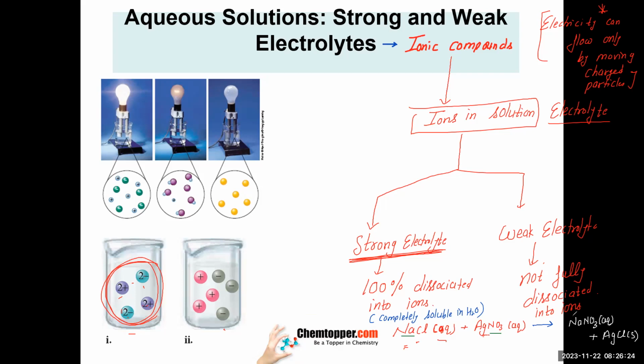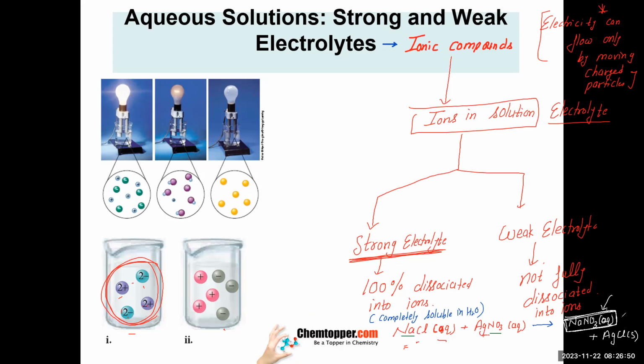Now, what is NaNO3 aqueous? Is it a strong electrolyte or a weak electrolyte? Strong, very good. This is a strong electrolyte because I have written AQ here. AQ means completely dissociated.